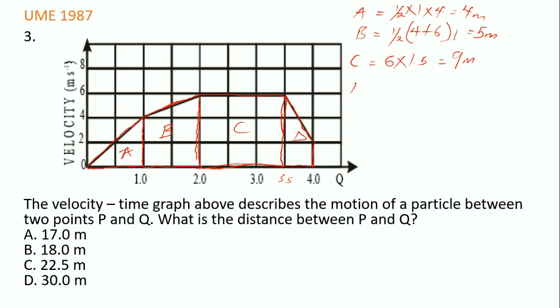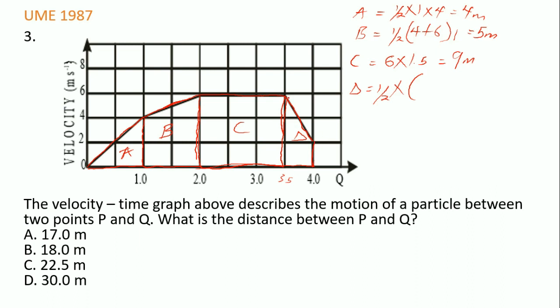Then D is a trapezium, so we will have 1/2 times the sum of the two parallel sides. The two parallel sides in this case are this side and this side.